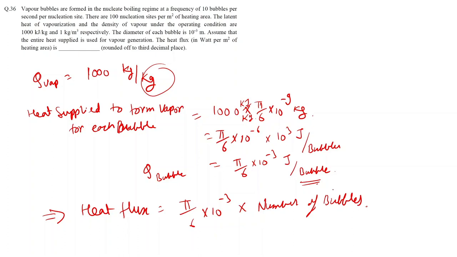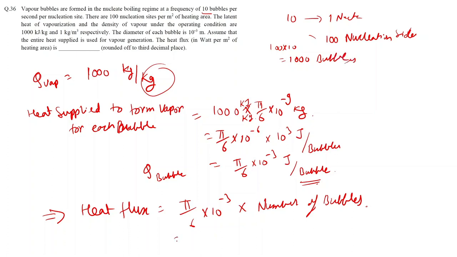So we are having 10 bubbles per nucleation site, 10 bubbles for one nucleation site, and we are having a total of 100 nucleation sites. So for these 100 nucleation sites, we will be having 100 into 10, that is a total of 1000 bubbles.